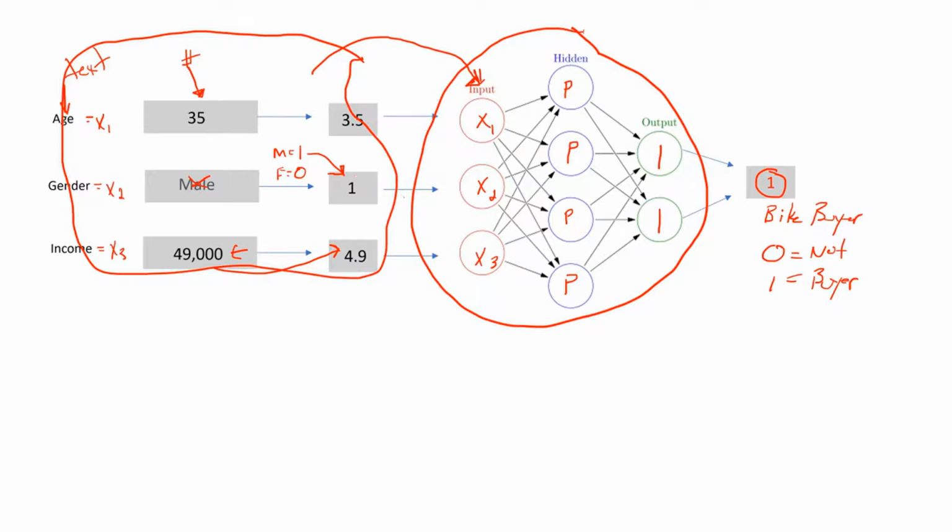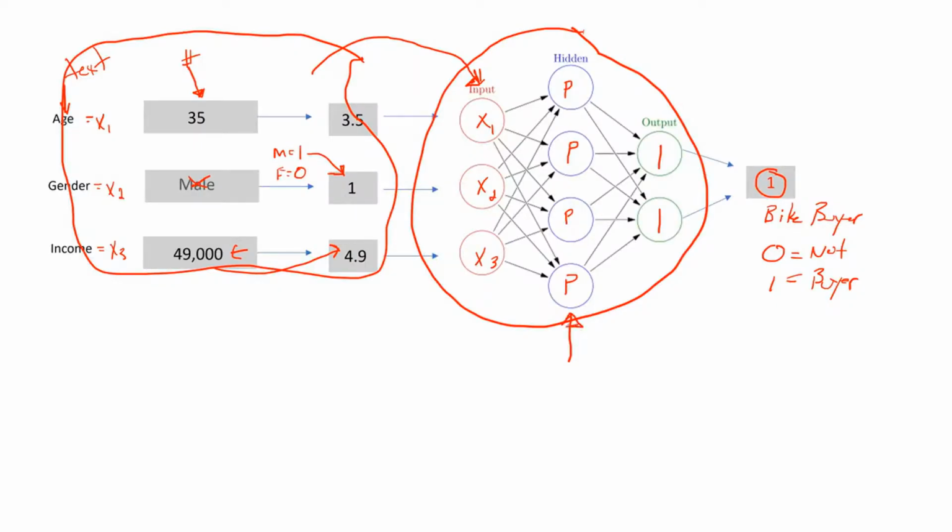This is a neural network. It's a shallow neural network because we only have one hidden layer. So that's what these perceptrons or these artificial neurons are. We only have one, but in reality, we're going to have a whole lot. So one is not really deep learning.